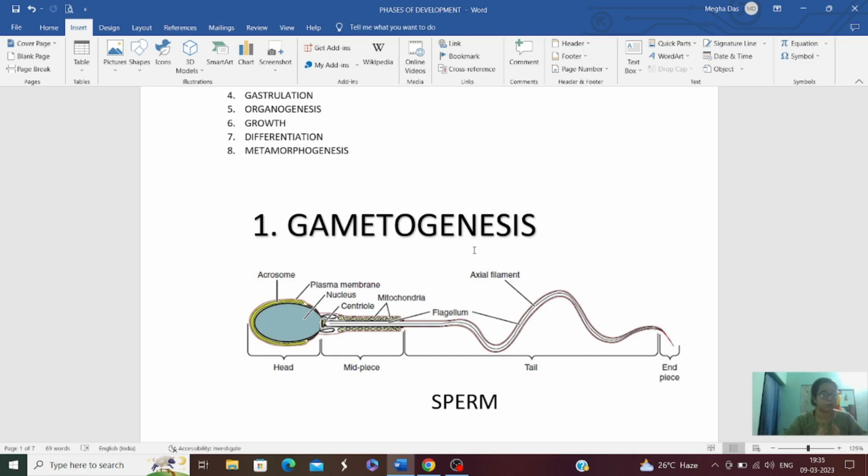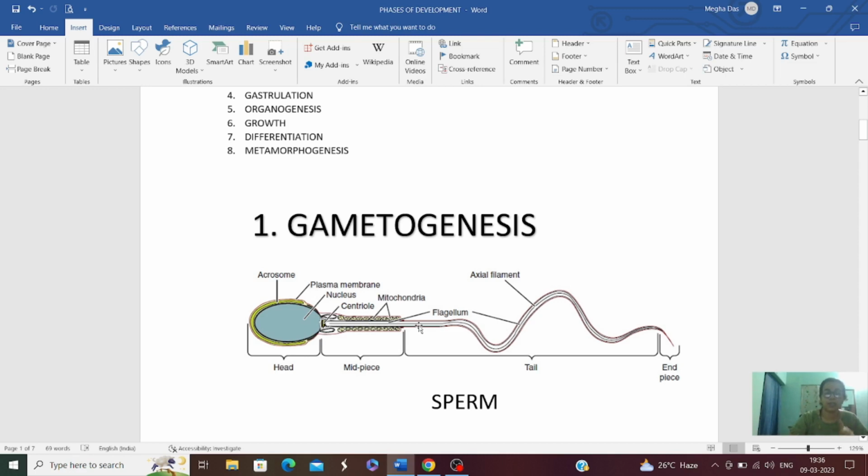As you all know, the sperm is a highly motile structure. Why motile? Because you can see here that it has a distinct structure, a tail, which creates the mobility. The structure of the sperm is divided into three parts: the head, the middle piece and the tail.